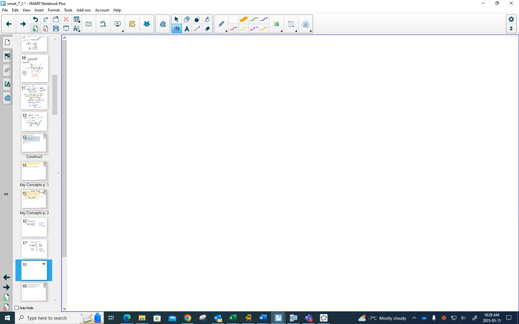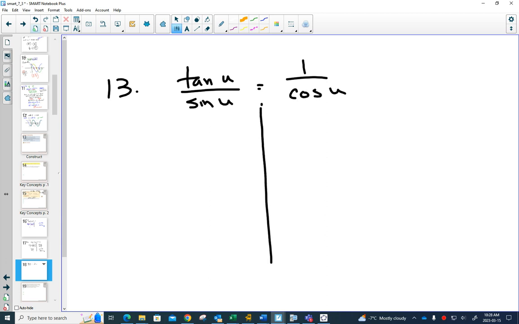One more together, and then you get to work on these. Number 13. Tan of u over sine of u equals 1 over cos.